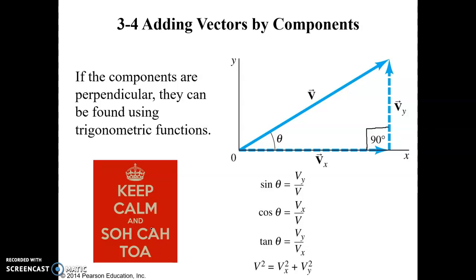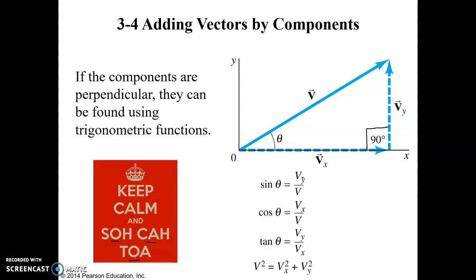So if you remember from trigonometry class, SOH, that's a way to remember that the sine of an angle is opposite over hypotenuse. So if we look at the angle theta, the opposite side is Vy, the y component, and the hypotenuse here is the magnitude of the resultant or original vector v.